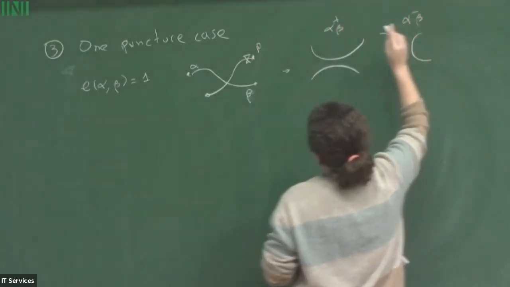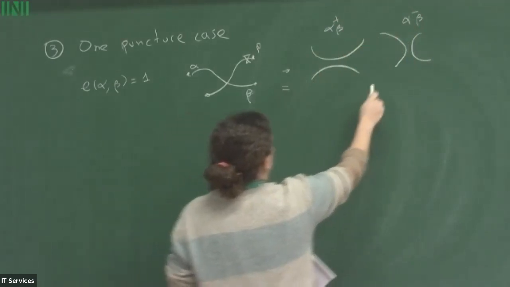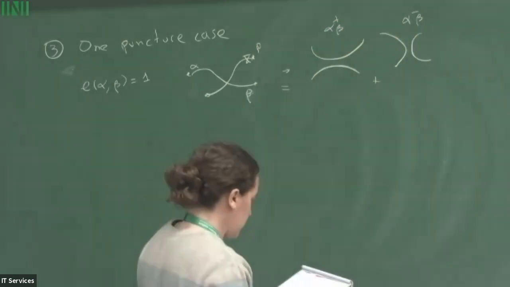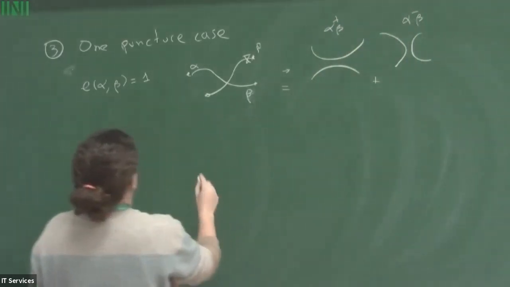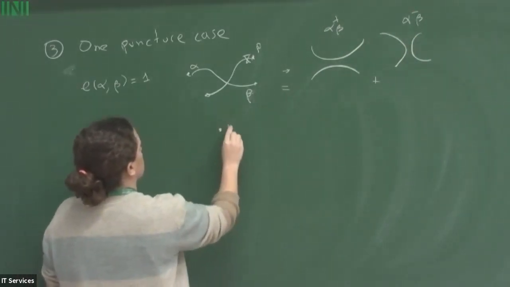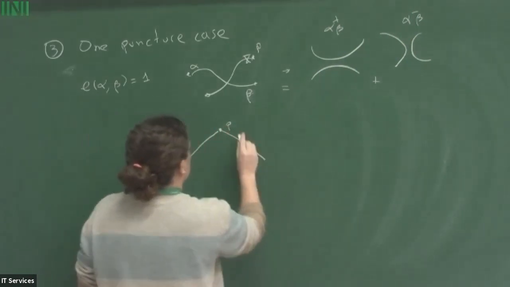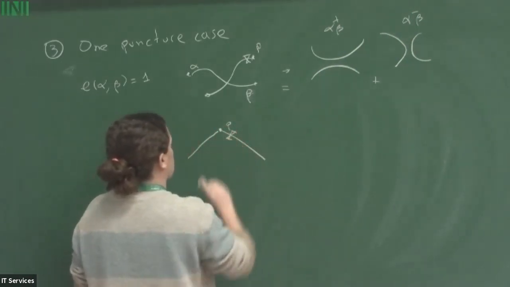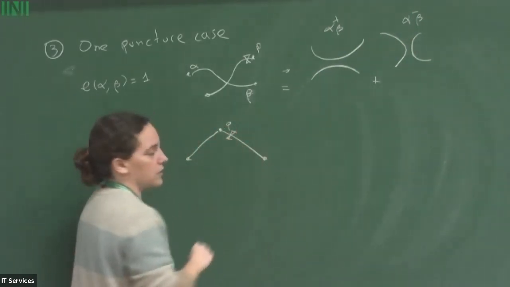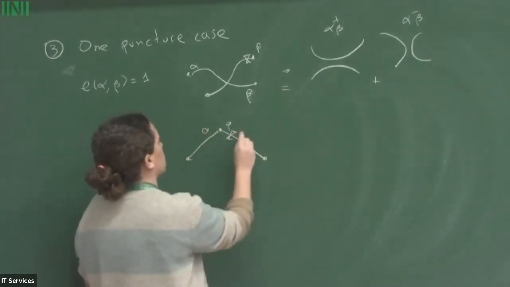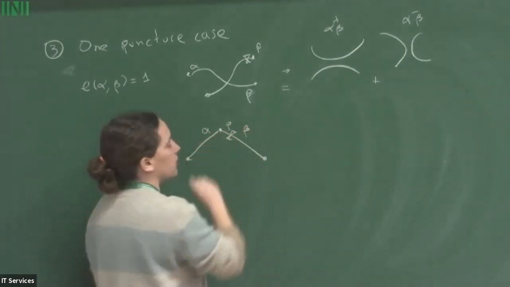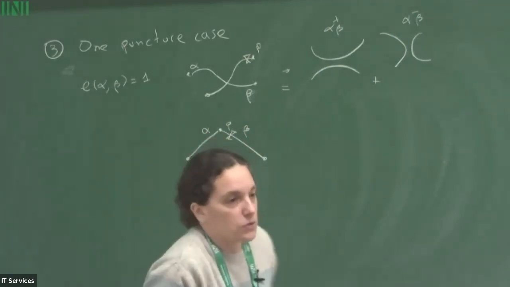And this is also an equation in cluster algebra. It may happen that you have the puncture and something comes and they cross at the puncture, and say this is alpha and this is beta, or the other way around.